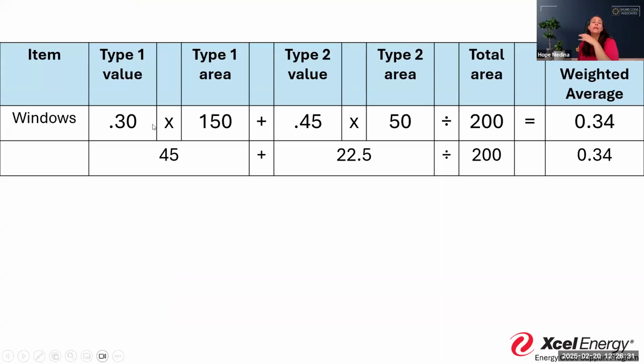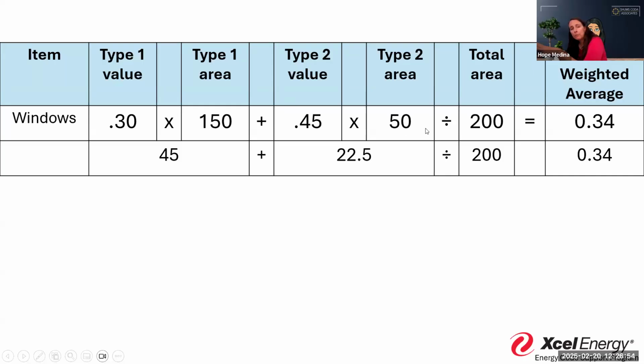What we see here, we have two types of windows. We've got one window that has a 0.30. When you add up all the window area, it equates to 150. So we take 0.30 times 150, which gives us 45.